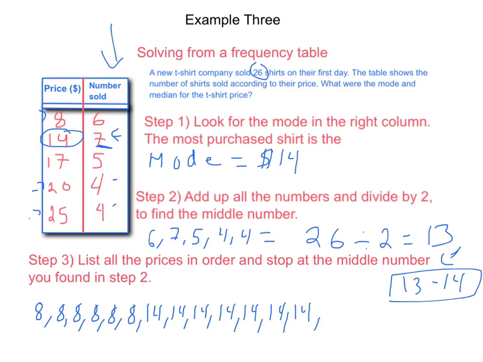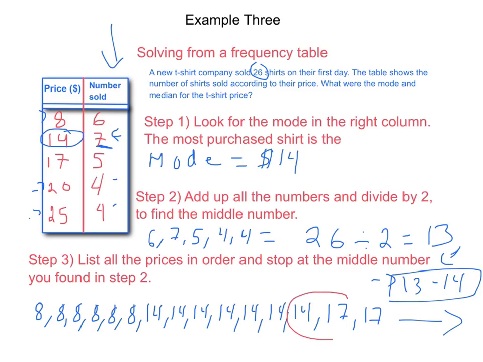So we're so close. We said we were looking for number 13, which means that the next one we have here is 17. Now we don't need to go on because we said we were looking for the 13th to 14th number, that in-between spot. So here is our spot.